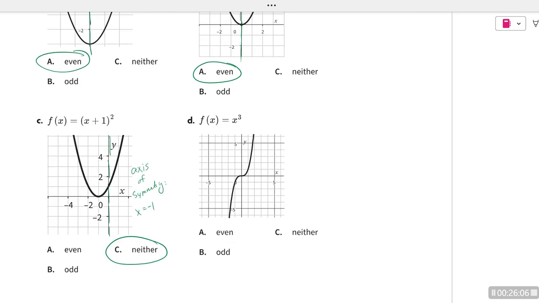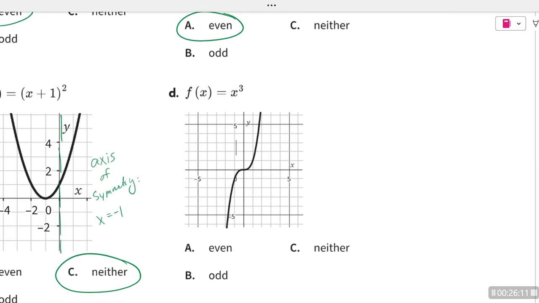So this one, it's not even. It's certainly not symmetric about the y-axis. Let's see if it looks symmetric about the origin. So I'm going to dot this on here. We see that where we have maybe -1, -1, we also have +1, +1.